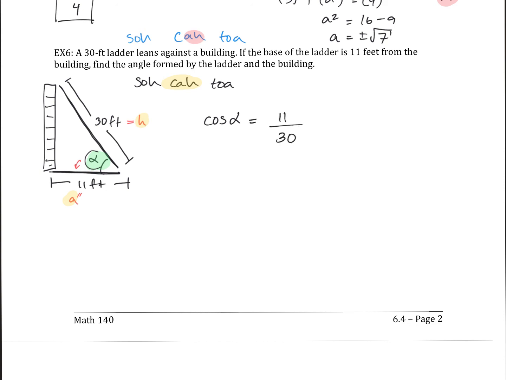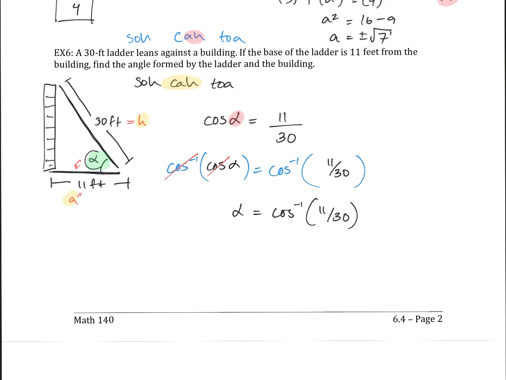To solve, we need to get alpha outside of the cosine, so let's use the inverse property. Cosine inverse of cosine of alpha and cosine inverse of 11 over 30. The cosine and the cosine inverse cancel, and all we have is alpha equals cosine inverse of 11 over 30.